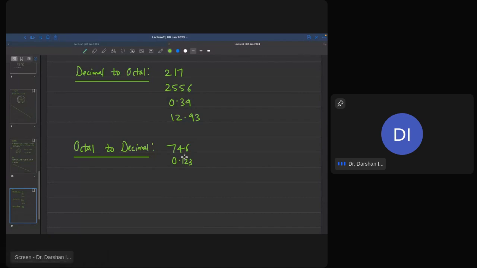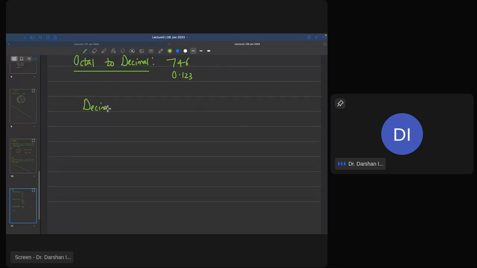Then decimal to hexadecimal. So much homework that you will be tired. 2338, 0.132, 12.48.